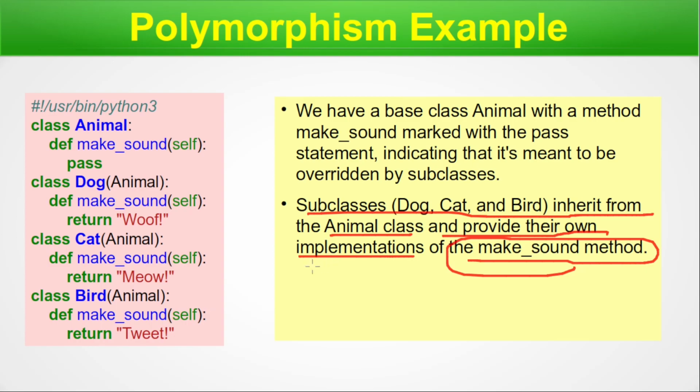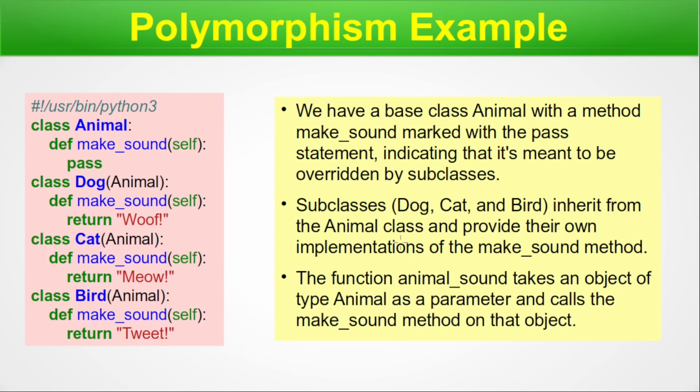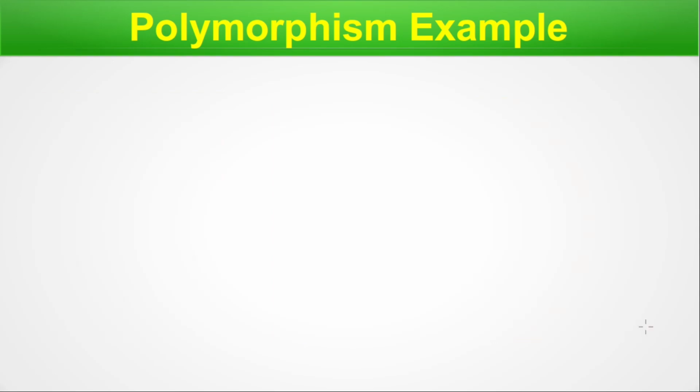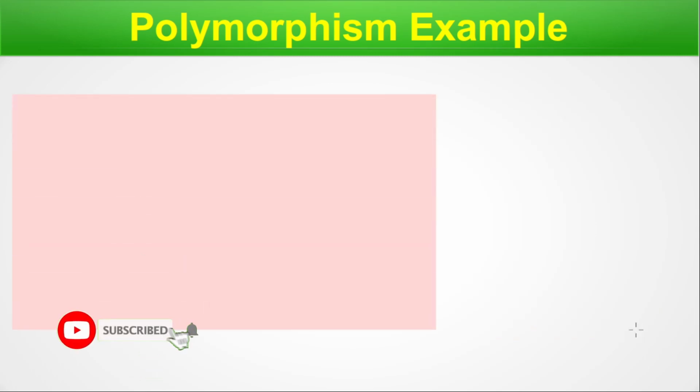In this real world case, if we define an Animal class, and the sound has to be modified in each of the subclasses, we cannot make it here in the parent class. So in the subclass we have to define it. The function animal sound takes an object of the animal as a parameter and calls the make sound method on the object. We continue here.